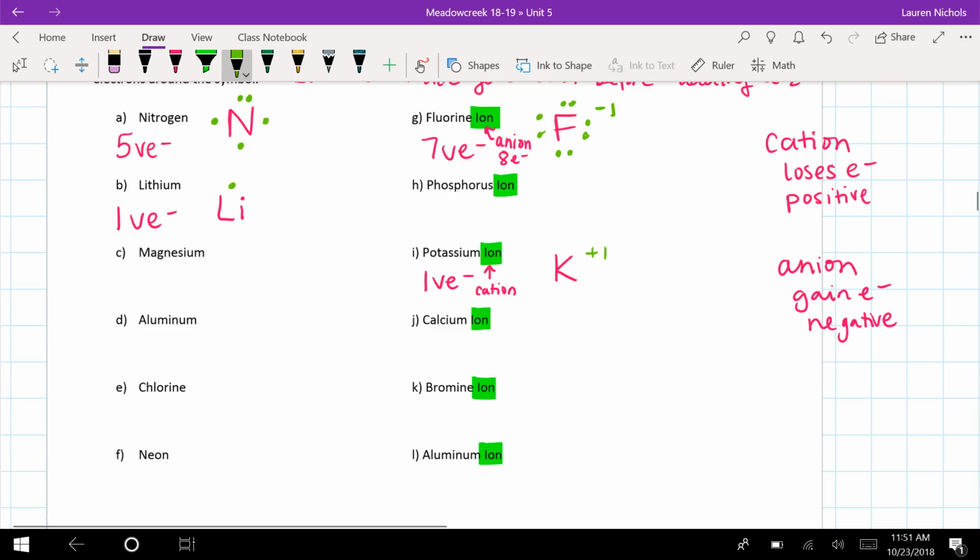And so we can see that cations are going to have 0 dots, and anions should have 8 dots. The question that you need to ask yourself is which one will it form? Okay, and you have to know the original number of valence electrons if it was not an ion. And so that is how you write electron dot structures, and you can finish the rest for homework.